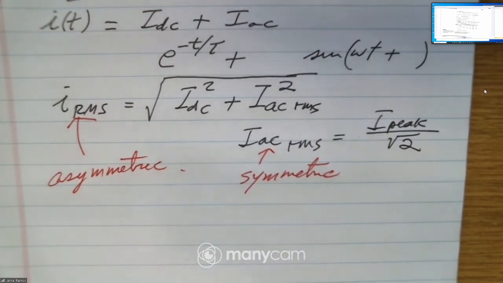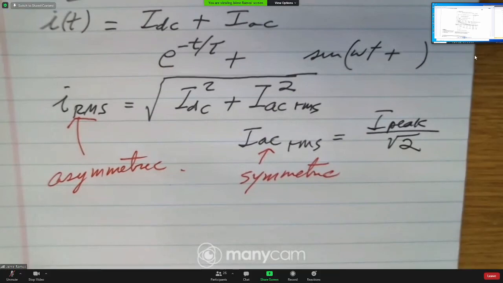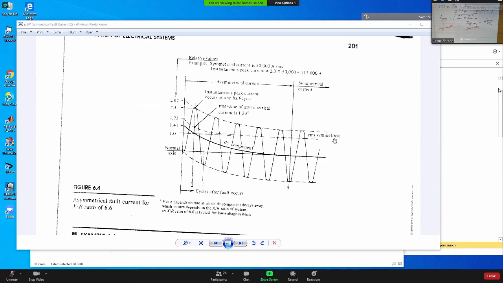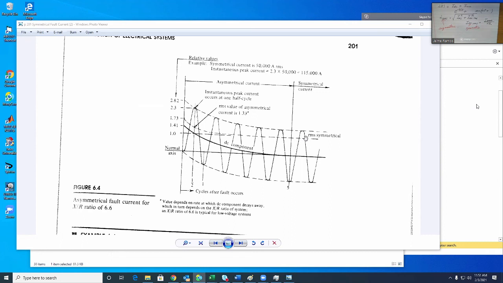So look at the notes, relative values. In the vertical scale, we have vertical values. So 1.0 here, 1.0 look is the RMS symmetric. That's 1.0.